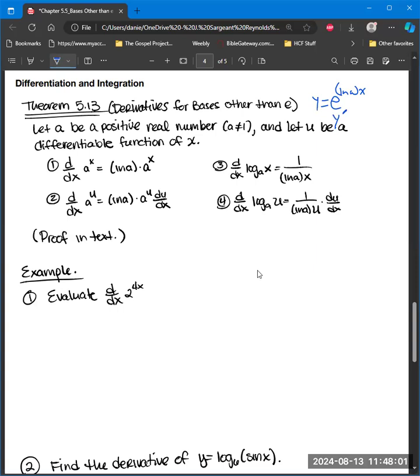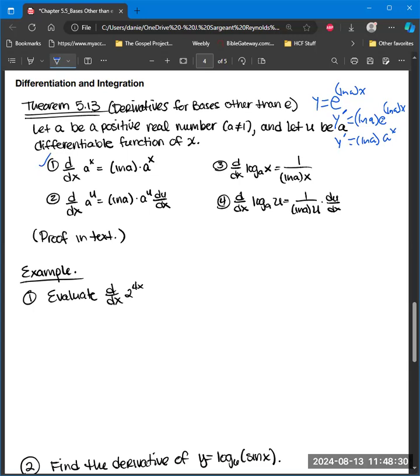So y prime is going to be the derivative of this exponent, ln of a, times e to the ln of a x. So y prime is going to be ln of a, and then all this was the same thing as a to the x. So that's where this rule comes from.